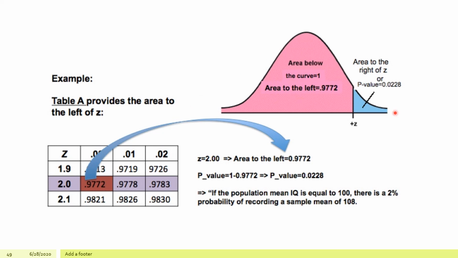The whole area is 1, so 1 minus 0.977 gives 0.022. This is the p value or alpha value. When the p value is 0.022, definitely we are rejecting the null hypothesis and accepting the alternate hypothesis. So we may say in the end that the mean IQ of the population, that is 100, definitely differs from batch 23, which is 108.